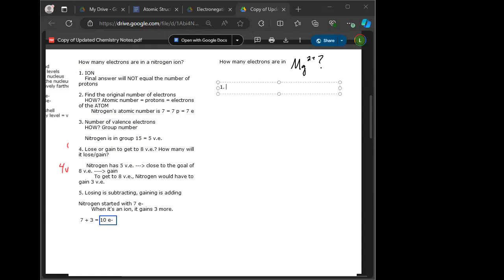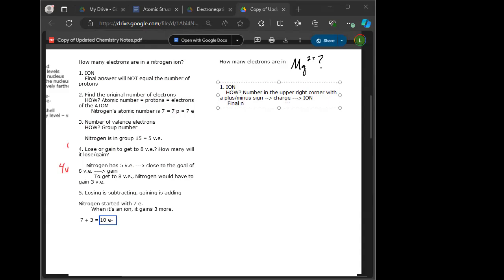Okay, so we have an ion. How do we know that? Whenever there's a number in the upper right corner with a plus or minus sign, that is a charge, and only ions have a charge. If there's a charge in the upper right corner, that's an ion.